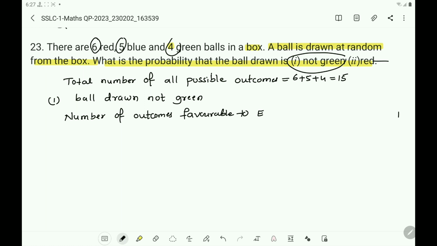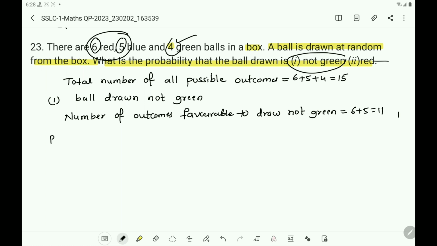This is an event E, that is equals to a number of outcomes favorable to draw not green. Equals what? Here not green means you have to leave this 4, find the sum of these 2, that is 6 plus 5, which is equals to 11.